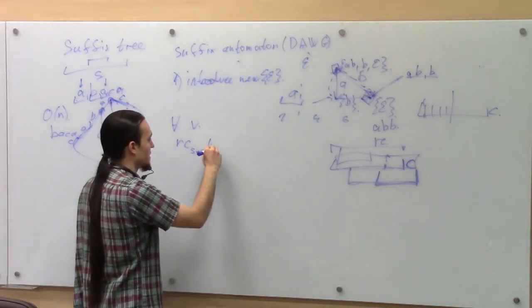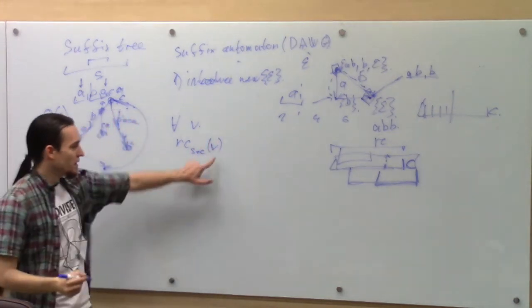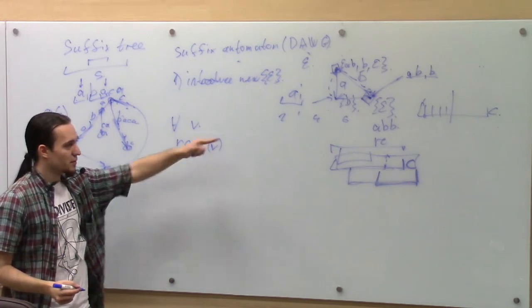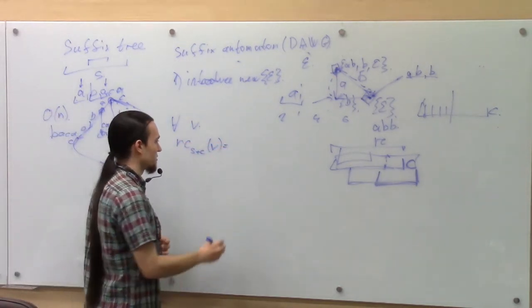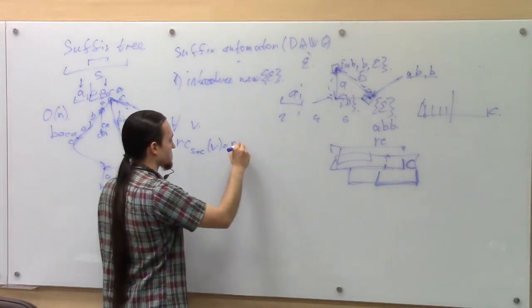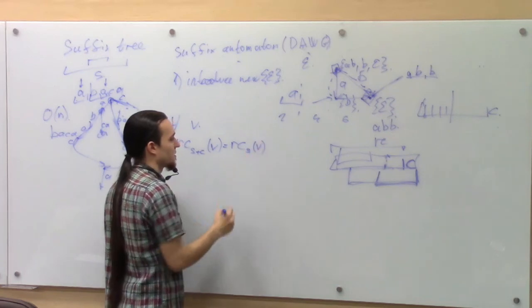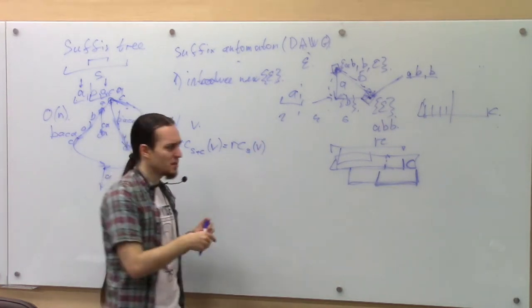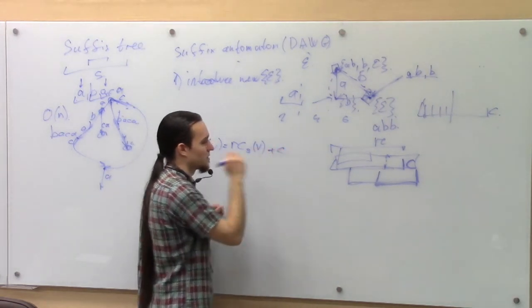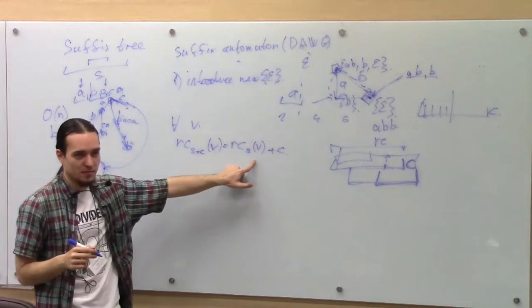So rc of this new string v, related to the previous right context: we take the previous context of v, then we take all of the strings and append them by c. So we can write it just by this, which means append all the strings in this set by c.